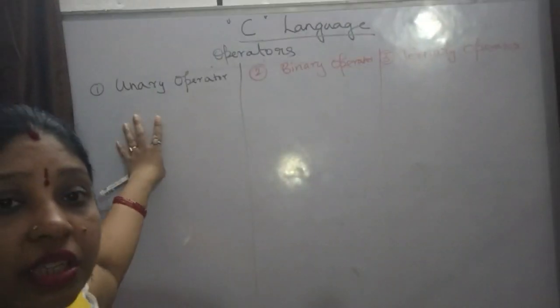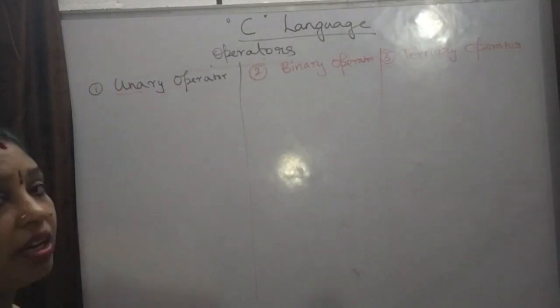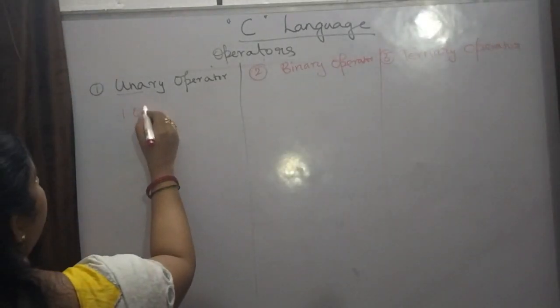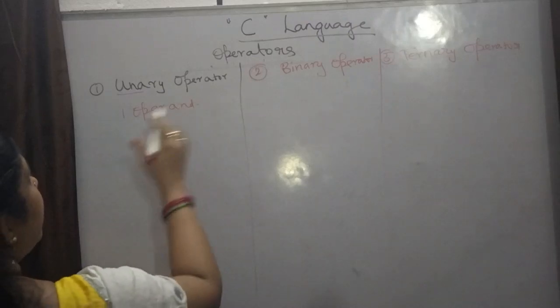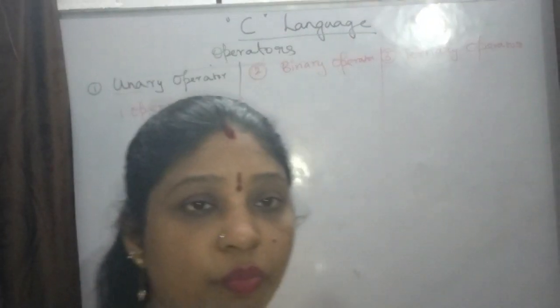First of all, I will discuss the unary. What is unary? By this word only you should understand this: only one operand is used. And which type of operators are used for one operand? Increment and decrement.